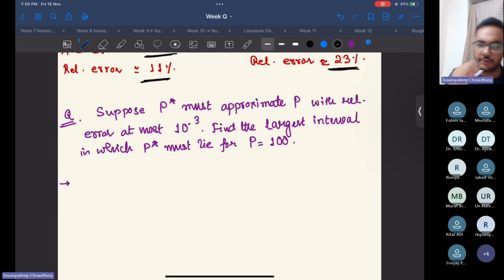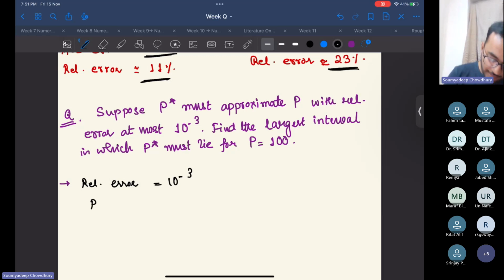So anyone can try to solve this problem. First, you need to understand what it is telling. It is telling that P star must approximate P with relative error at most 10 power minus 3. So your relative error is given as 10 to the power minus 3. Then it is asking, find the largest interval in which P star must lie for P equals to 100.